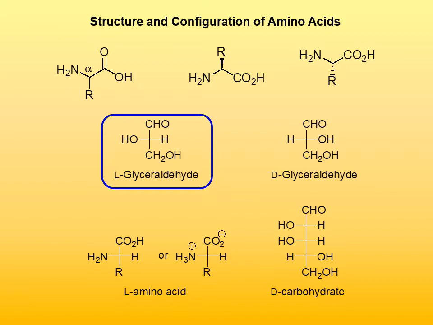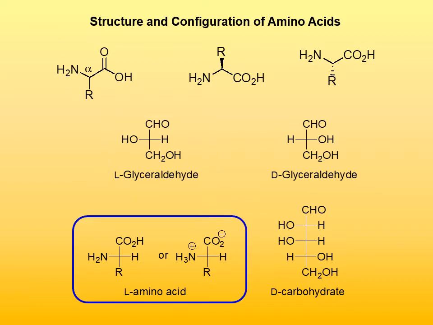Glyceraldehyde exists in two forms that were designated as D and L. In the form written here, on the vertical bonds we have the aldehyde group and the primary alcohol at the bottom. Then we have the hydroxyl group pointing to the left. In the D enantiomer, the hydroxyl group points to the right.